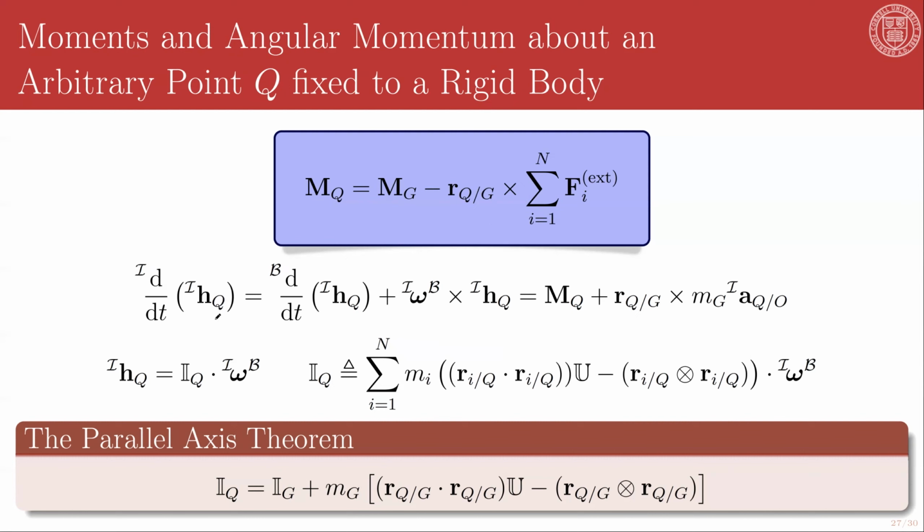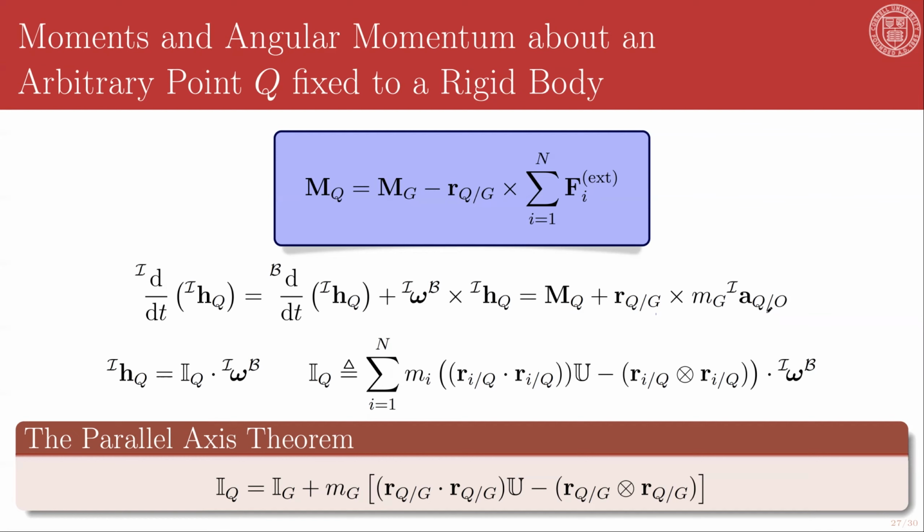If I take the vector derivative in the inertial frame, using the transport equation, change this to a body frame derivative plus the angular velocity crossed with the angular momentum, then I will get the moment about Q plus the position of Q with respect to G crossed with the total mass of the body times the inertial acceleration of Q with respect to point O.